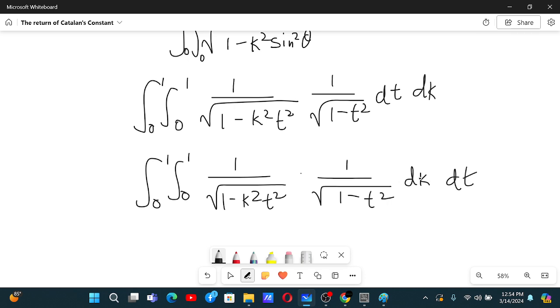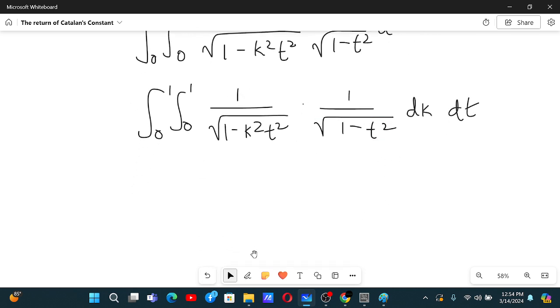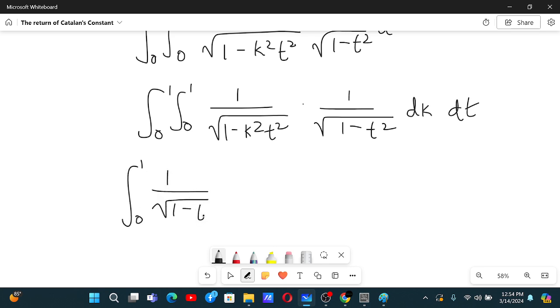Now in the world of k, t is just a constant. So this can be taken outside of the integral. We can take 1 by root under 1 minus t square outside and just integrate the other stuff. And its integral will be sin inverse kt. And since k has a constant t with it, that's why we need to divide by t as well, from 0 to 1 dt.